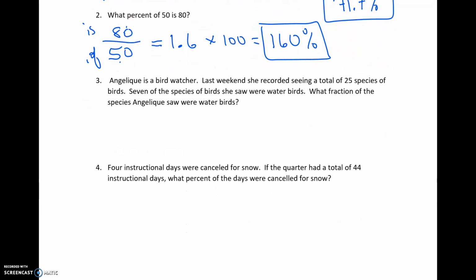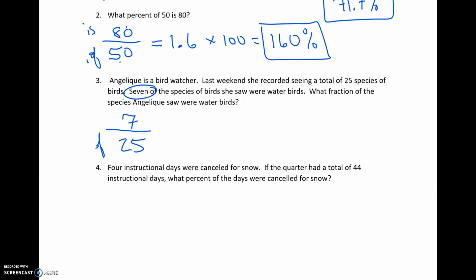Angelique is a bird watcher. Last weekend she recorded seeing a total of 25 species of birds. 7 of the species of birds she saw were water birds. What fraction of the species were water birds? So what fraction of the total species, which is 25, were the water birds? And the water birds were 7.